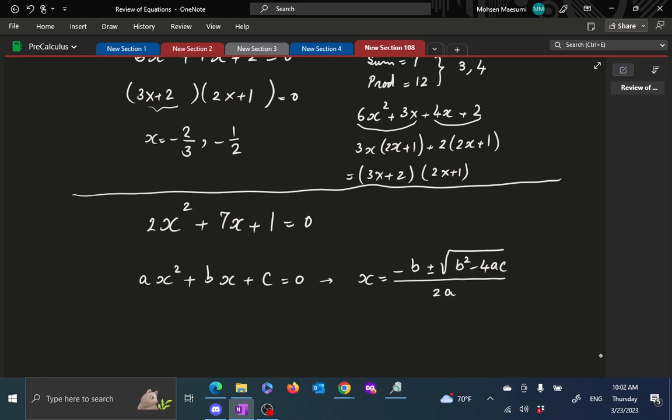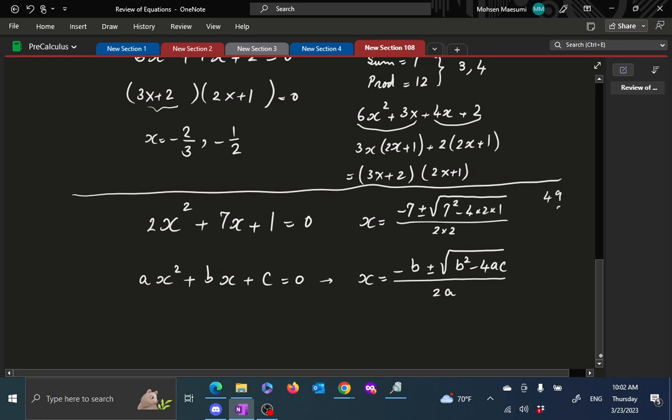And in this case, what we have is that x is going to be then minus 7 plus or minus radical 7 squared minus 4 times 2 times 1 divided by twice the first number 2. So if we simplify this, 7 squared is 49, minus 8 is going to be 41.